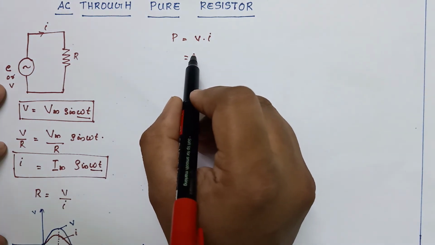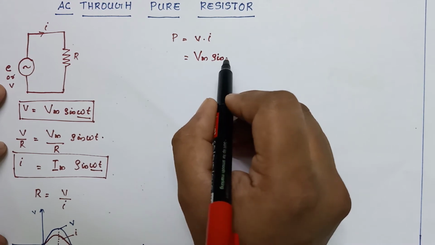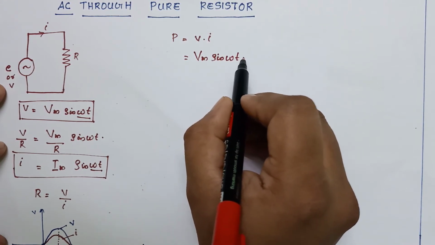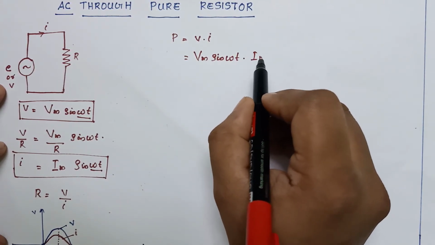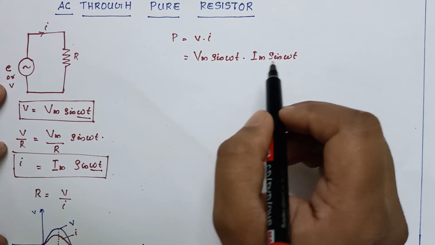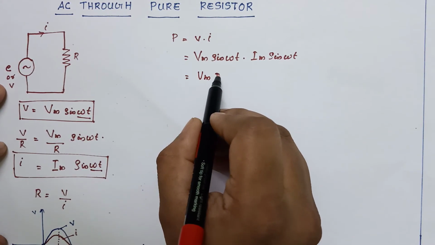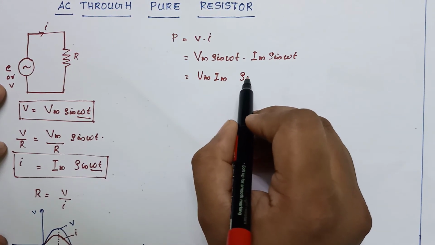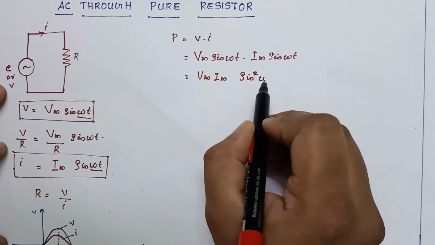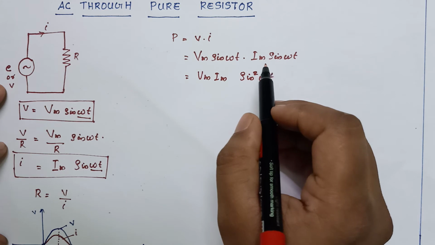So we can write it as Vm sin omega t into Im sin omega t. In the next stage, Vm Im into sin square omega t. Sin omega t into sin omega t will be sin square omega t.